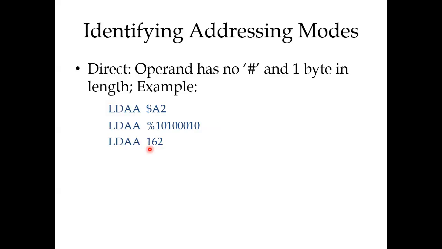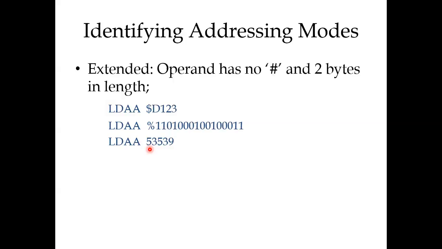If it is more than 255, that's not 1 byte, because you cannot write it in 1 byte. So what is the criteria for the direct? No pound sign, and second, your operand must be 1 byte or less. Actually, it cannot be less. If it is less, that means the remaining spaces should be filled by zeros. Technically it's 1 byte. You see what I'm saying?